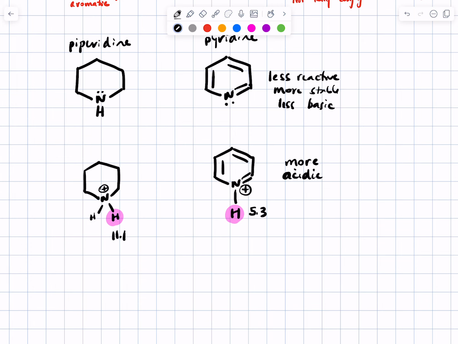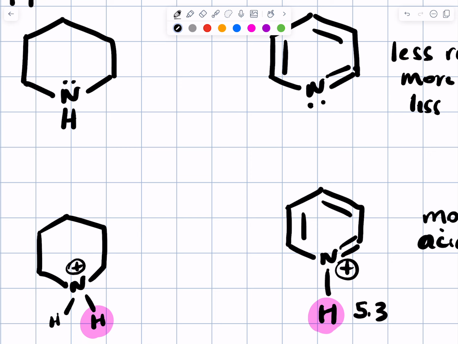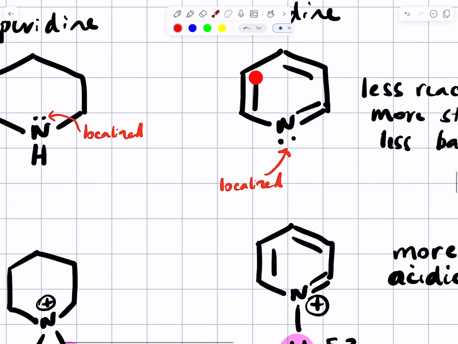So let's see if we can rationalize that. Both of these lone pairs are localized. They are not stabilized by resonance. Now, it is true that in pyridine, the 3 pi bonds of the ring are part of an aromatic pi system, but that lone pair is not.